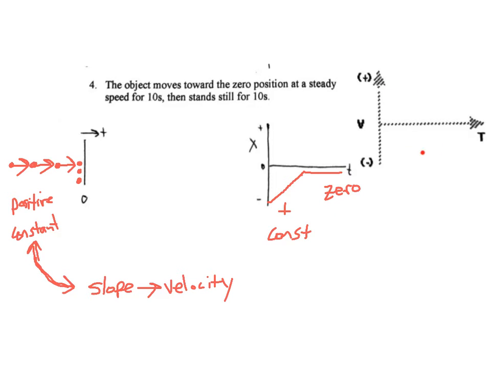Now, how do I make that look over here? How do I draw a positive constant velocity over here? Where are the velocities positive? Yes, up here. The top part is where the velocities are positive. Positive and constant. How do I show it not getting bigger or smaller? Well, if it starts positive and it doesn't get bigger or smaller, it should just do something like that. I hope that's what you're thinking.